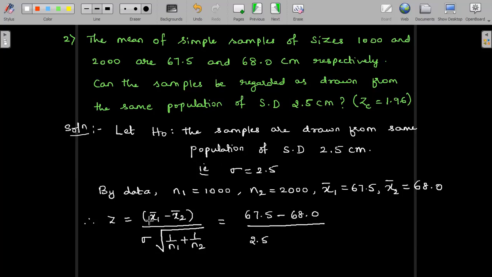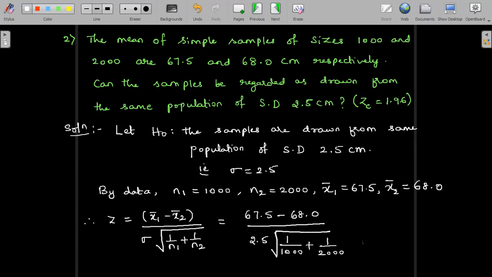Since we don't know sigma 1, sigma 2 separately, it is sigma 1 square divided by n1 plus sigma 2 square by n2. But since sigma 1 equal to sigma 2 equal to 2.5 here, we take that sigma square under the root outside, it becomes sigma. So taking that sigma outside, we are able to write down 2.5 outside into square root of 1 by n1 plus 1 by n2.